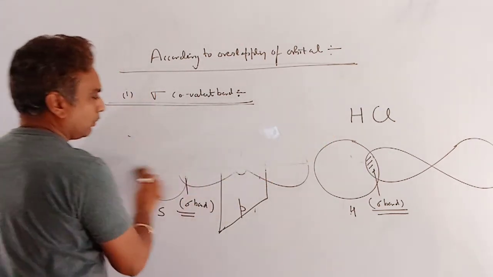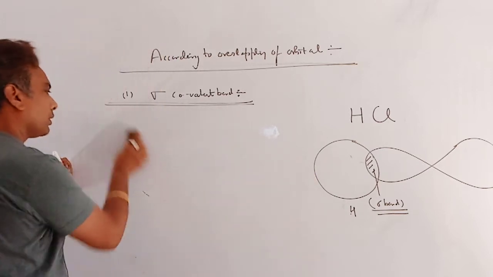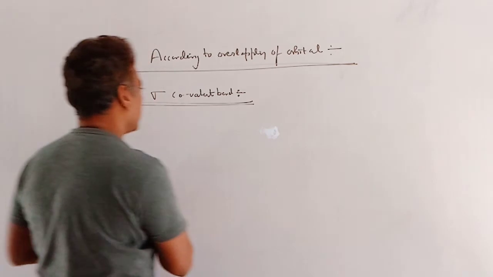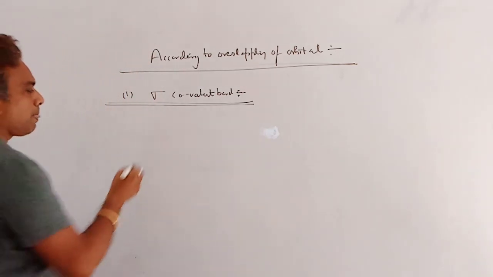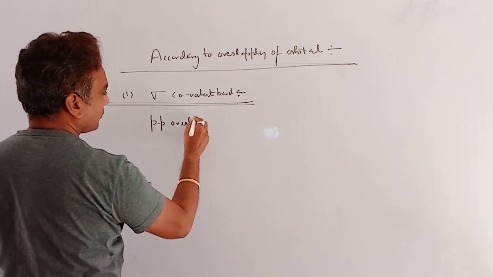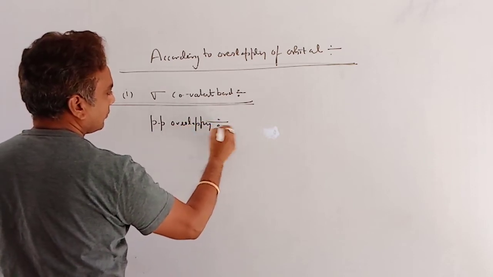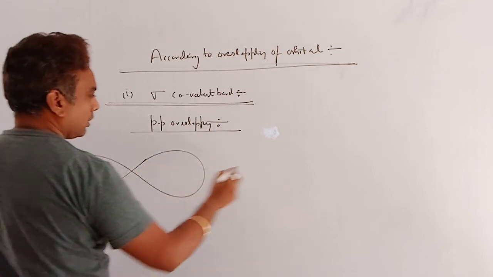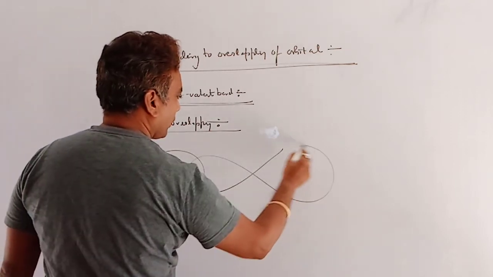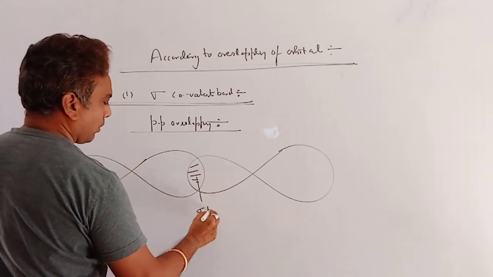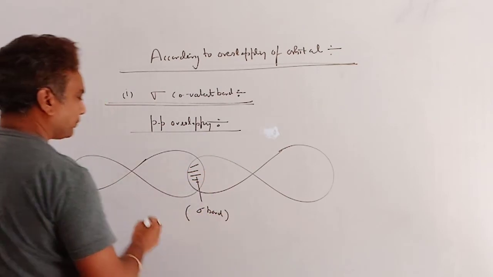Next is PP overlapping. Another example of sigma overlapping, PP overlapping. One p orbital overlaps with another p orbital, which forms sigma bond.